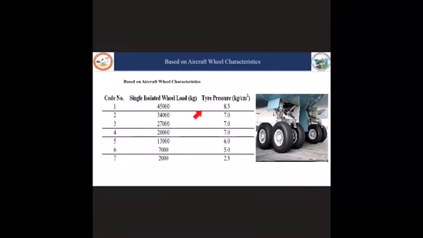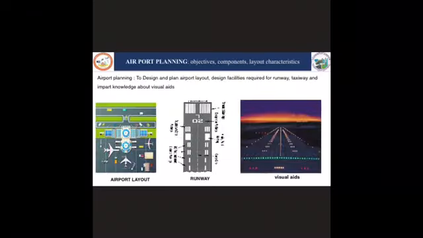The aircraft are classified as code 1, 2, 3, 4, 5, 6, different codes have been given. For example, for code 3, the isolated wheel load will be 27,000 kg, the load carried by one single wheel, with a tire pressure of 7 kg per centimeter square. So these are the various parameters by which airports can be classified.